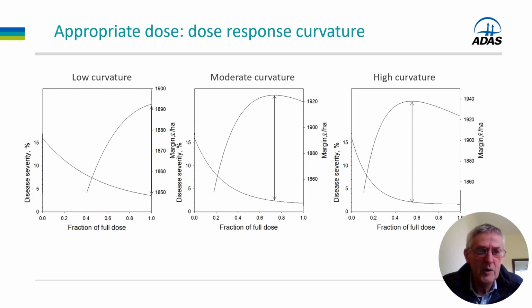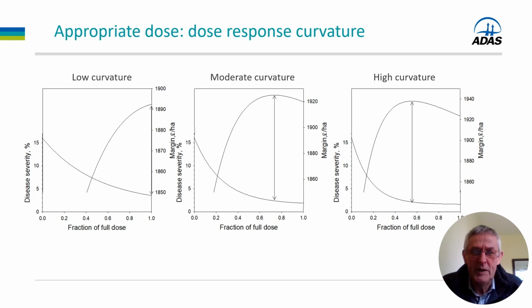We therefore have to apply a high dose in order to get effective control and maximize the margin. If we compare that to the dose response on the right-hand side, which has a very steep response curve leading to a plateau with low disease, we can achieve a high level of disease control with a substantially lower dose.